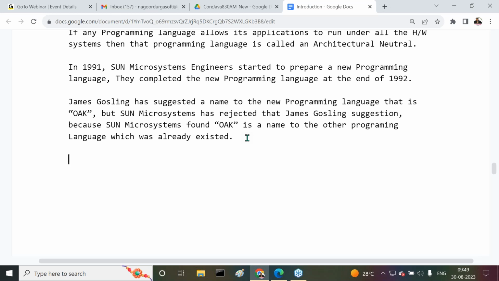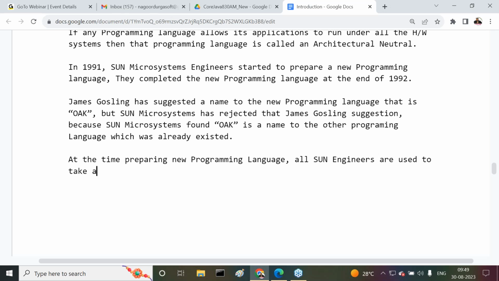Observe carefully. At the time of preparing the new programming language, all Sun engineers used to take a brand-labeled coffee, Java.